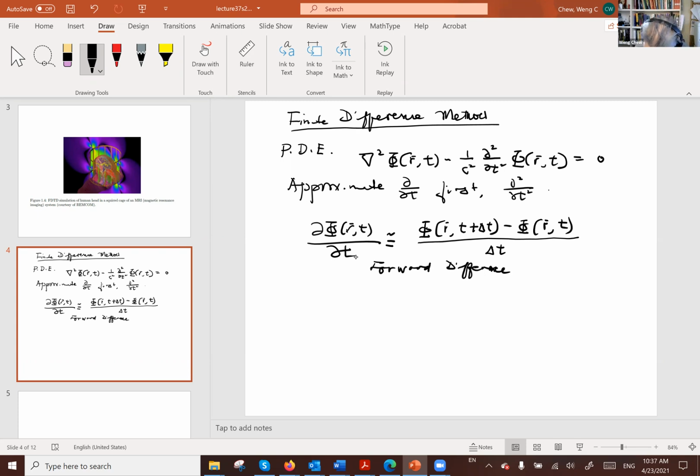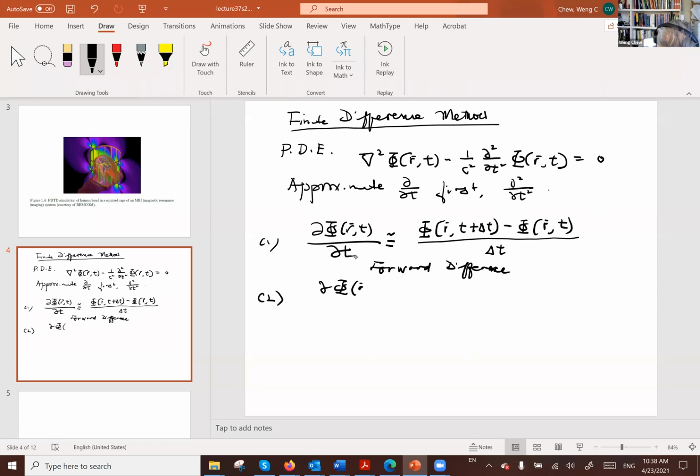Such a formula where you use difference to approximate the derivatives is called a difference formula. This formula takes the value that is ahead of its time minus the value at the present time to approximate the time derivative. The second way is to do a backward differencing.